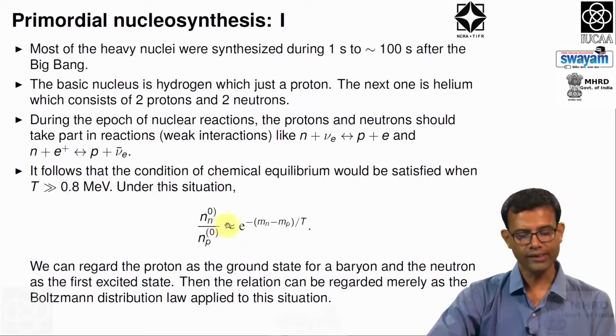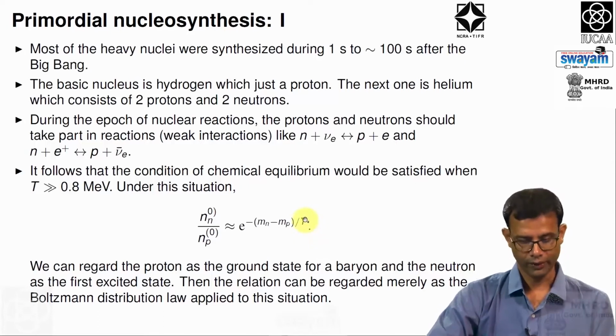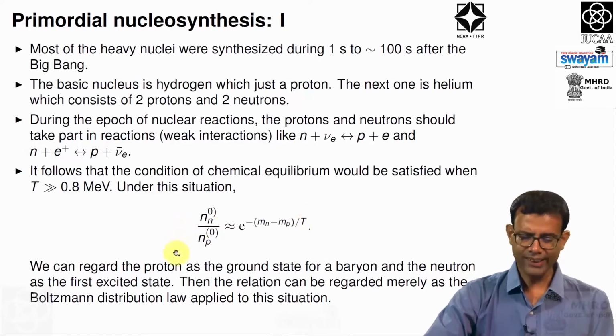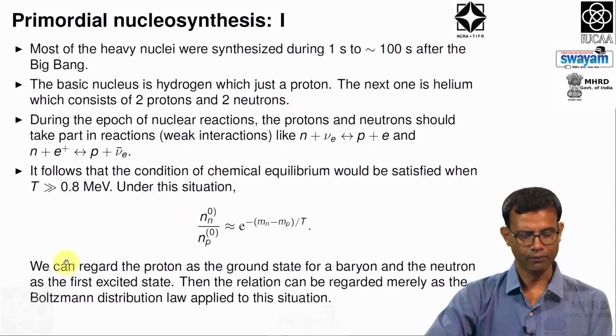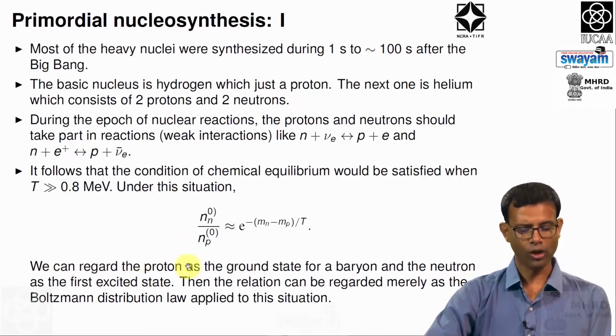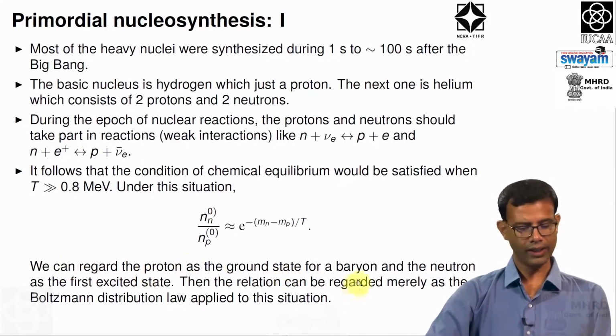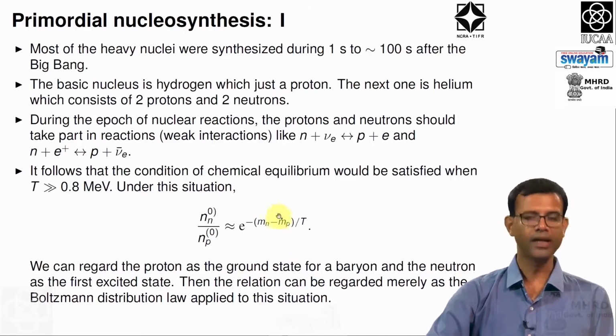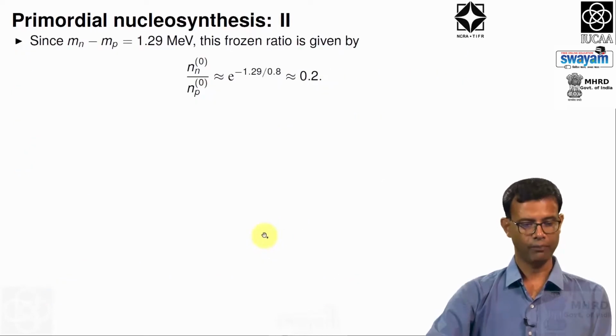What you can show is this is approximately given by exponential of minus the difference between the neutron and proton mass divided by the temperature. It is easy to understand this, because you can regard the proton as the ground state for a baryon and the neutron as the first excited state. Then this relation is just the Boltzmann distribution law, e to the minus energy difference by kT.